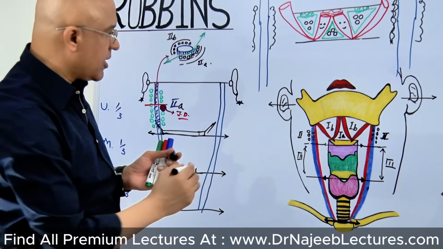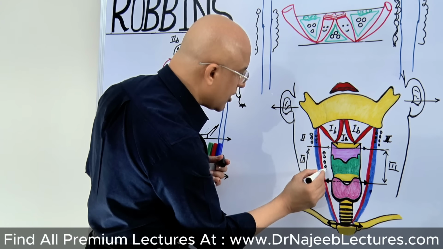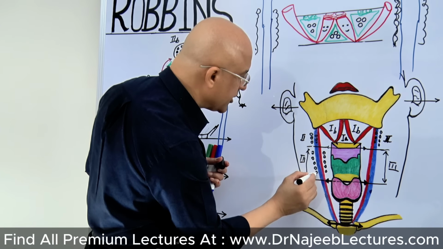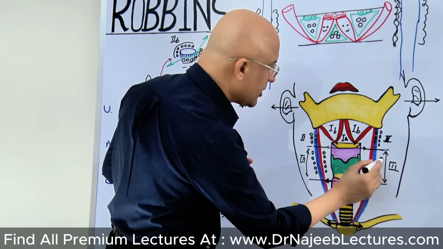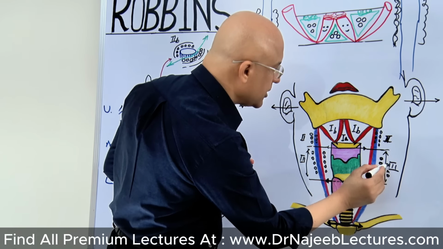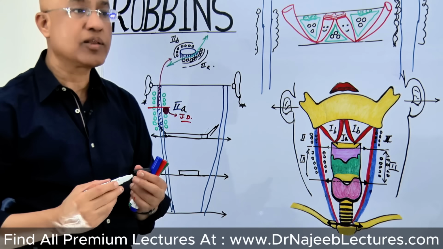Now, these lymph nodes, thank God, anatomists or our senior doctors have not divided into subgroups, or if they have divided them, they are not expecting us to know them within the scope of this lecture. Now, this is group level 3.